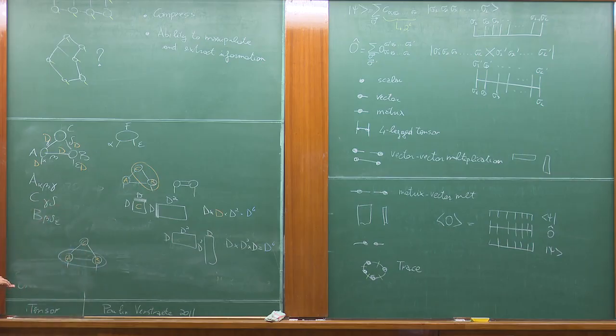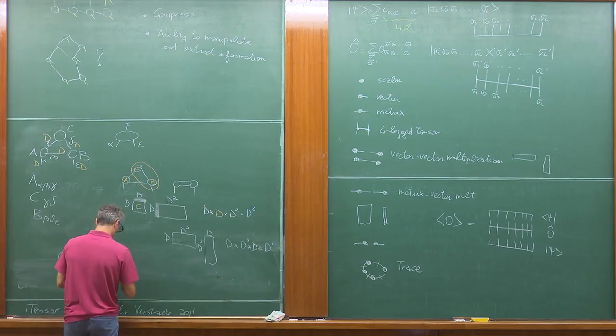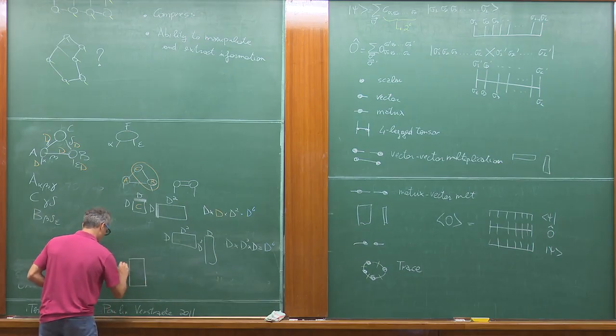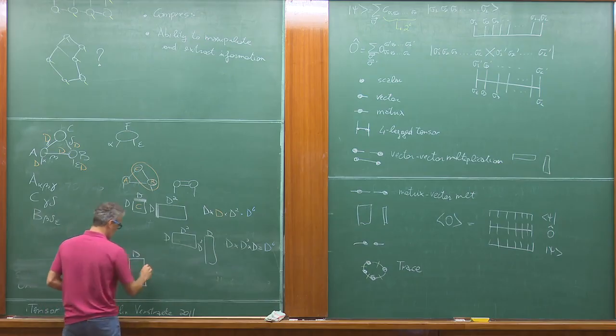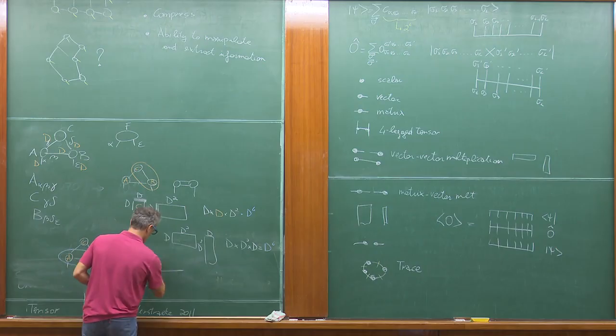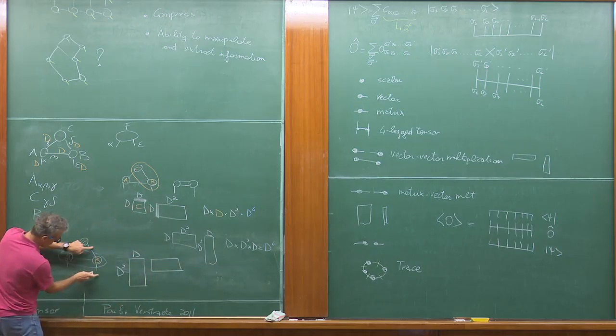Now you see A has two extras in this. You're contracting over one dimension, but you have D squared here. So you have D squared times D. And then on the other side you have D times D squared.